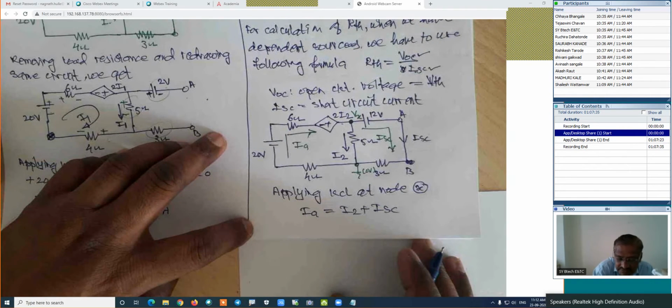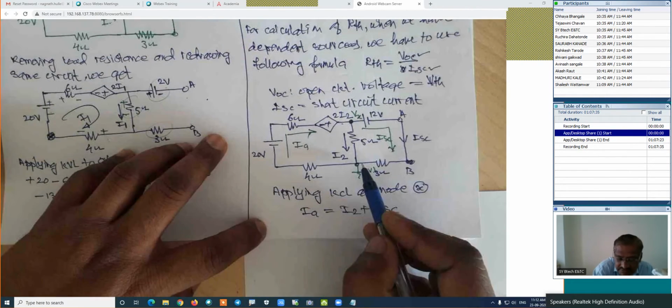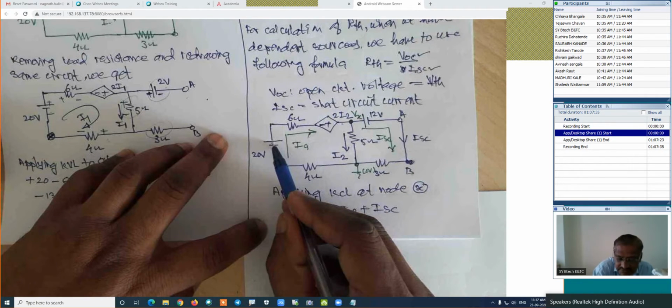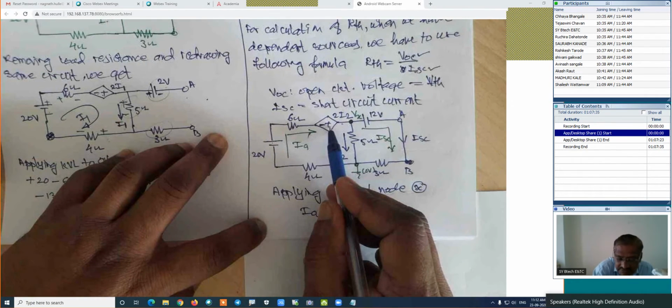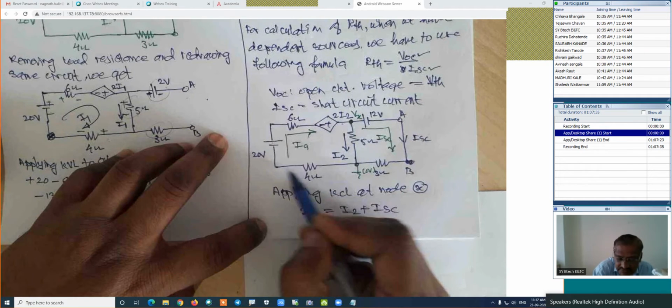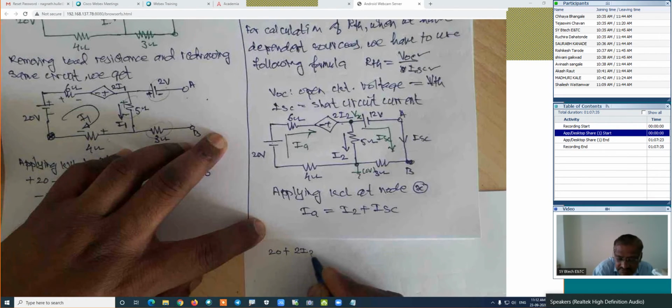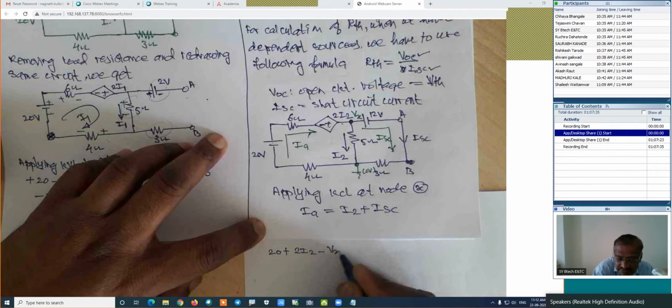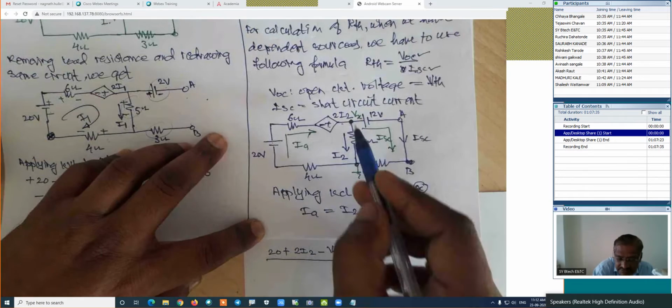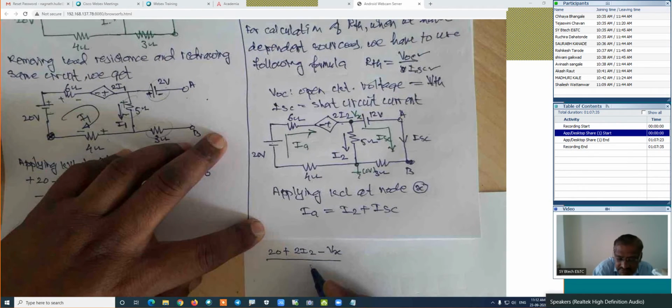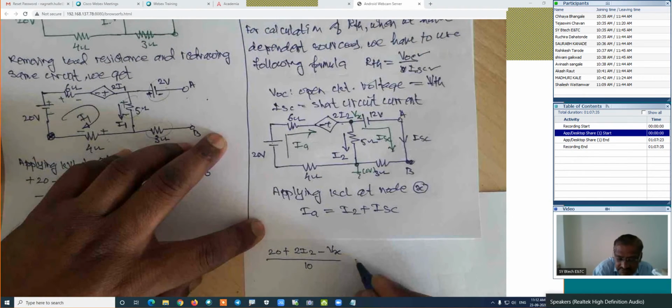This is 0 plus 20 plus 2I2 minus Vx divided by resistance, means it is 20 plus 2I2 minus Vx divided by the resistance of this complete branch, which is 6 plus 4, which is 10.